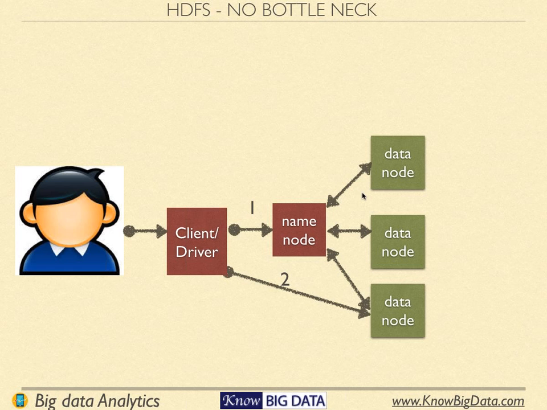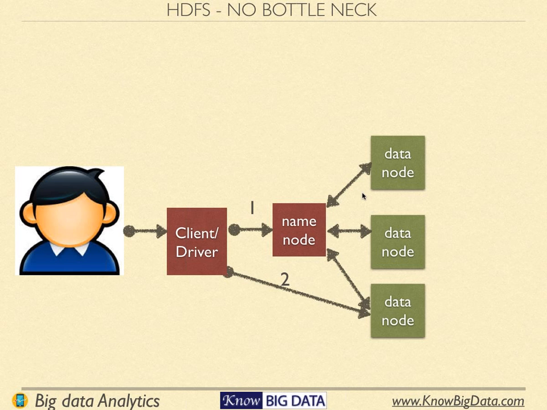The flow of the communication is like this. The client, the user, uses a command called a client or a driver, like we have the JDBC driver for our SQL execution. Similarly, here we have a command that goes to the name node saying that our user wants to read or write this particular file.